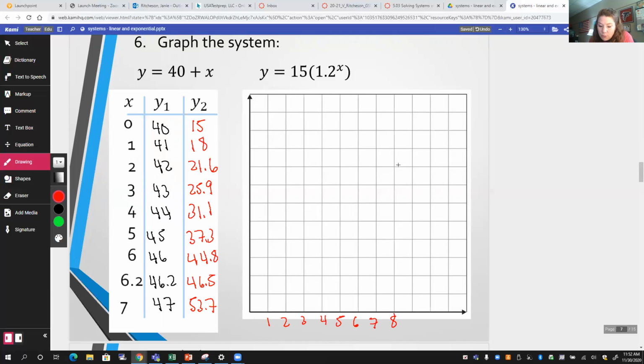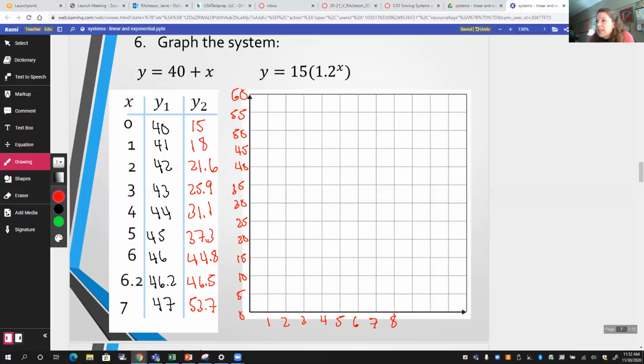Based on the numbers, I numbered the x-axis by ones. And then for my y-axis, I numbered by fives up to 60 again. So this is 0, 5, 10, 15, 20, 25, 30, 35, 40. I'm going to really try this time not to get my numbers and my colors and my equations mixed up. So we'll see how I do. I'm going to do the red first.